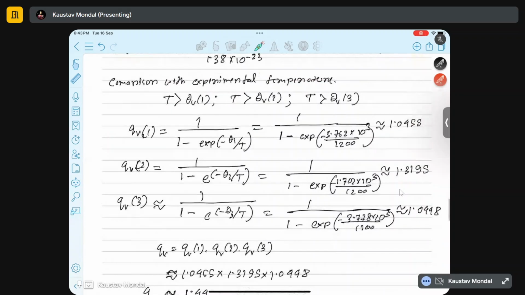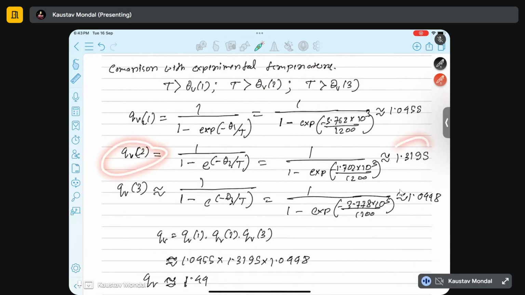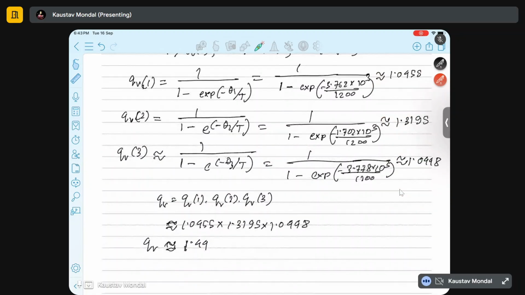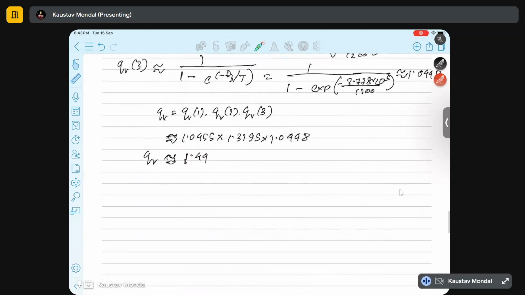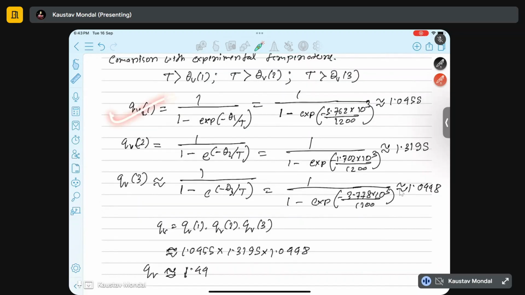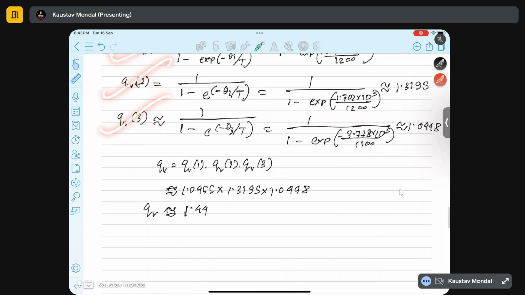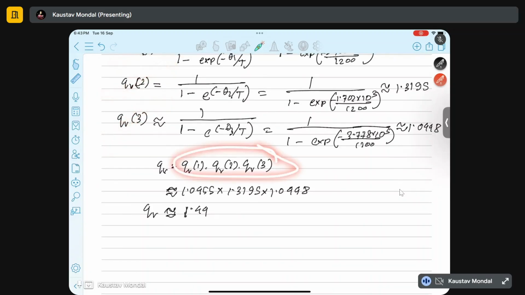So QV2 has a significant contribution compared to the other two cases, while the others are almost close to 1. QV2 has a bit higher value than 1 because the temperature is a bit closer to the experimental temperature. Anyway, we have calculated QV1, QV2 and QV3, and you multiply the whole three. After doing that, you get the total vibrational partition function, a numerical value of 1.44, right?